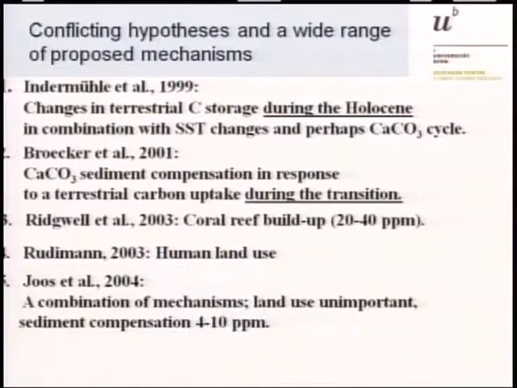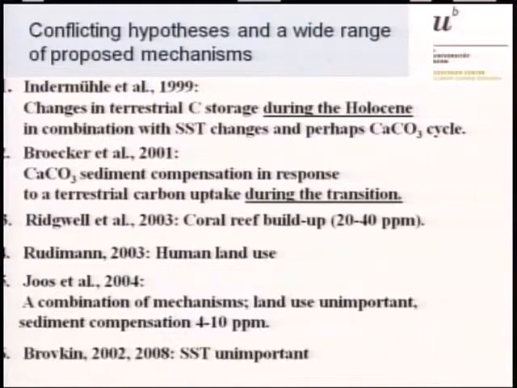And then there are other works, in particular I would highlight Victor Brovkin, who recently showed, based on both data and SST reconstructions and modeling results, that changes in sea surface temperature are very likely not important for driving CO₂ changes over the Holocene.